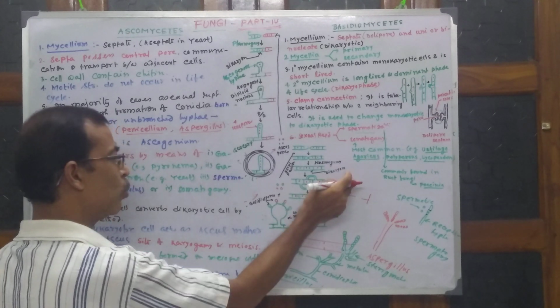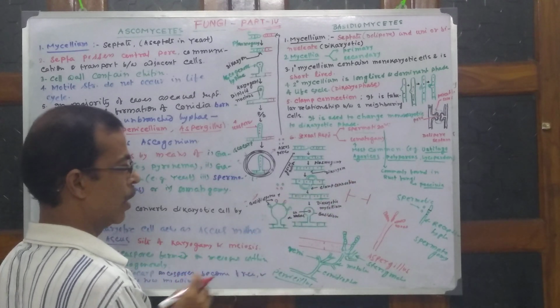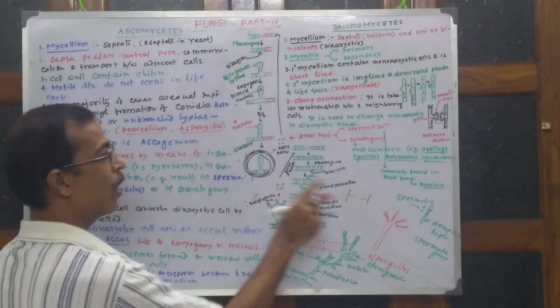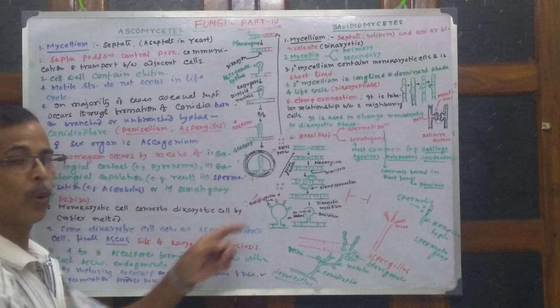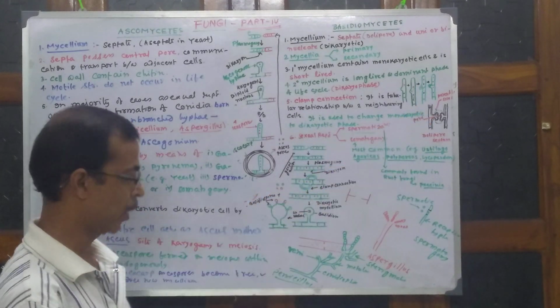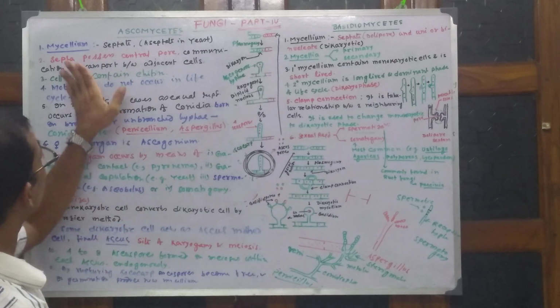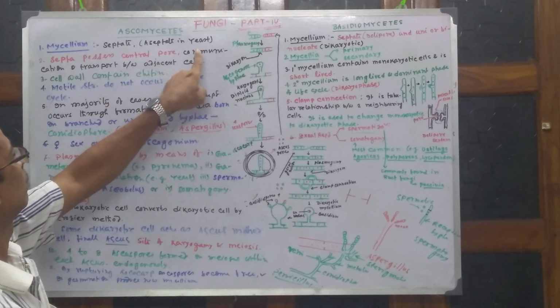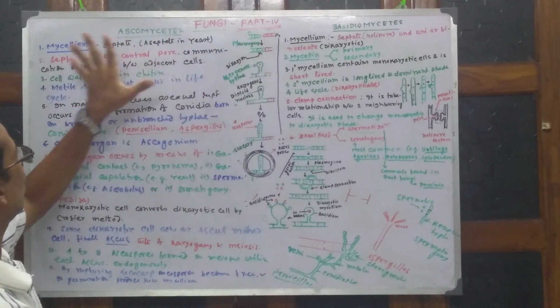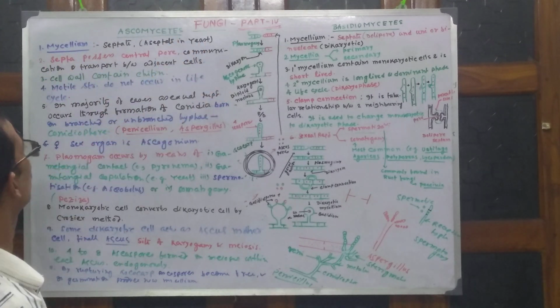This pore allows contents to pass between the adjacent cells but not the nucleus, unlike Basidiomycetes, where it is called dolipore septum. Mycelium is absent in yeast. Most of the members possess mycelium, but in yeast there is no mycelium.